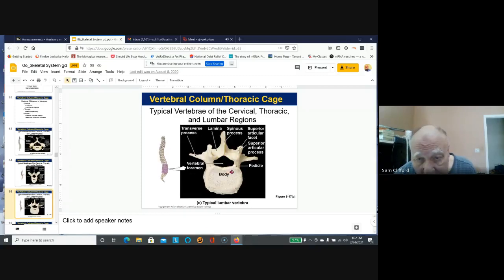The lumbar has a much larger body and a different shaped vertebral foramen, or opening, and you should recognize the spinous processes and the transverse processes in the various parts of a classic lumbar vertebra.